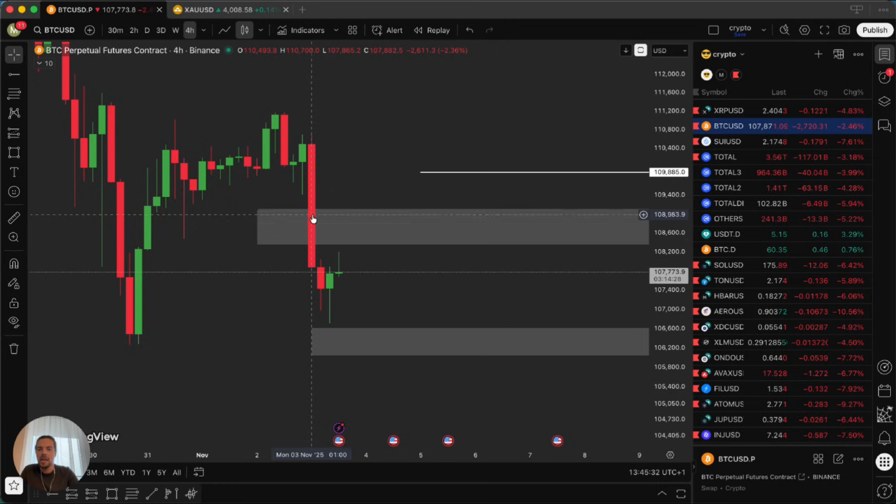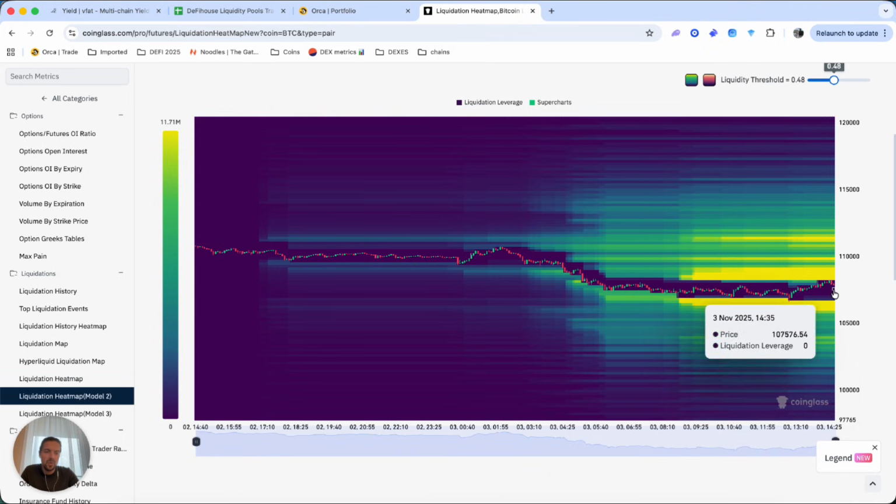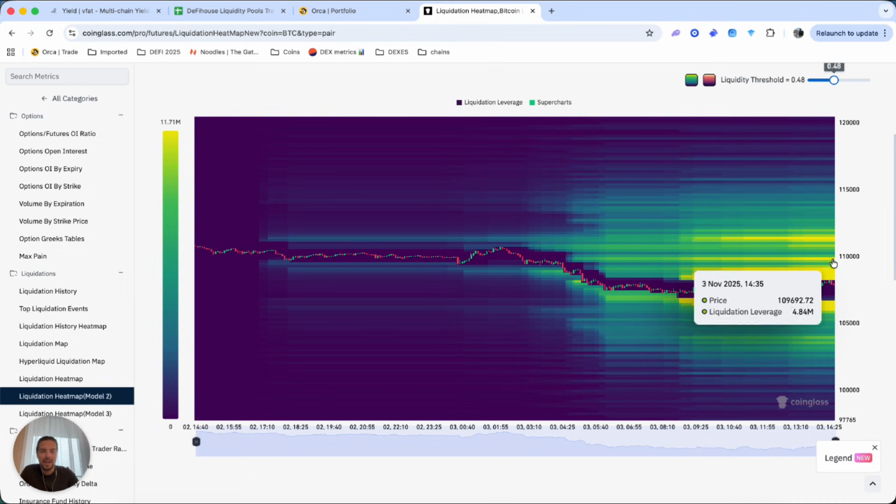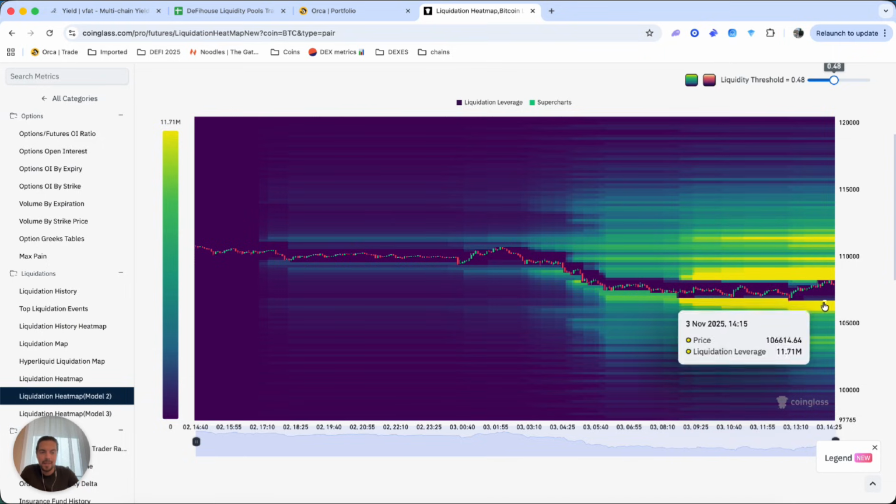As you can see, it was flushed, and now we have some liquidation areas here and here. If we look at the liquidation chart, we can clearly see that we have more liquidations happening when the price is higher, so to speak. We have a region here, another one here, another one here and here, and we only have one major area of liquidations right here within this price point, so to speak, right?